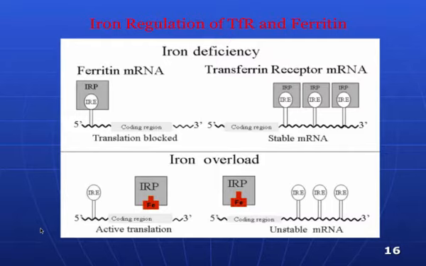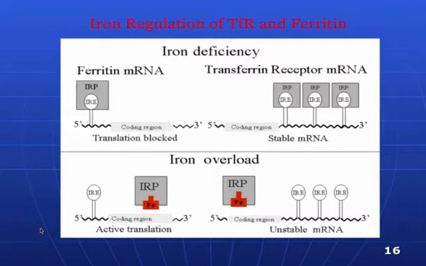In this case, IRE-BP is binding to the IRE. Normally what happens during translation is a ribosome would bind here and move through the coding region.